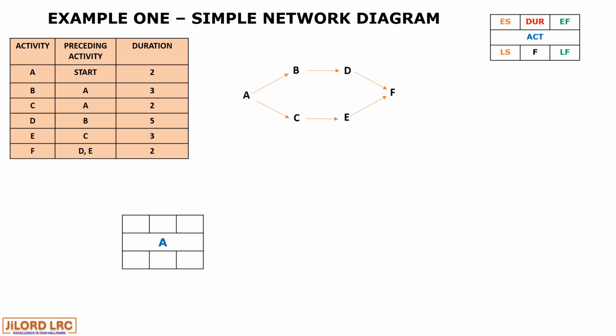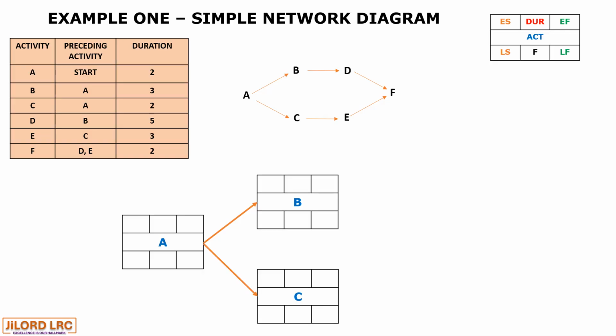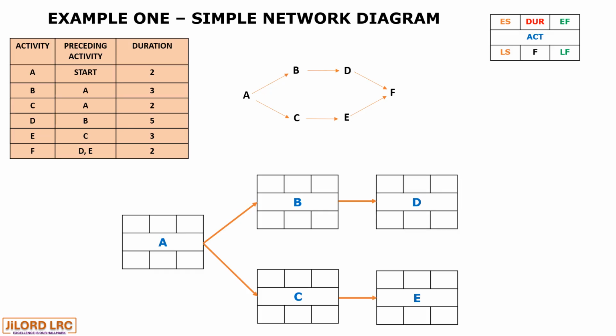So we have activity A, which precedes activity B and C, and activity B and C precede D and E respectively. D and E act as preceding activities to activity F.